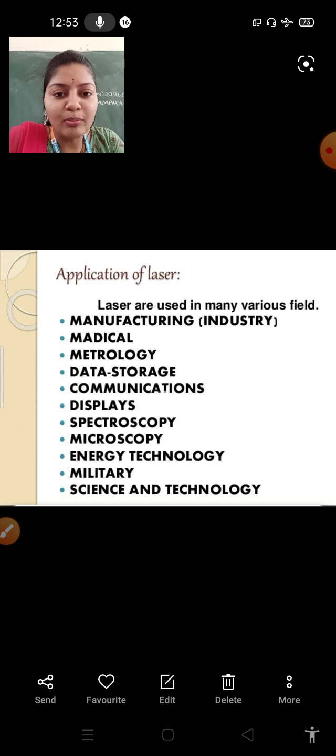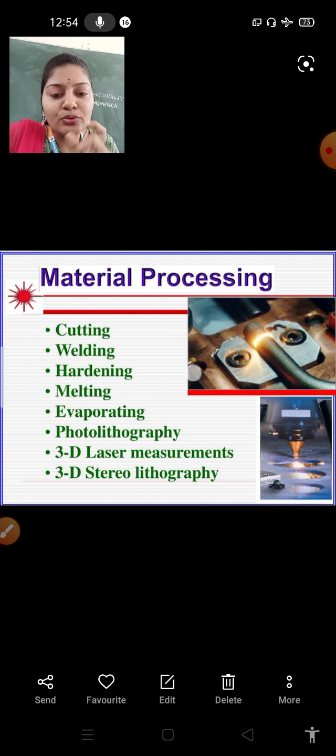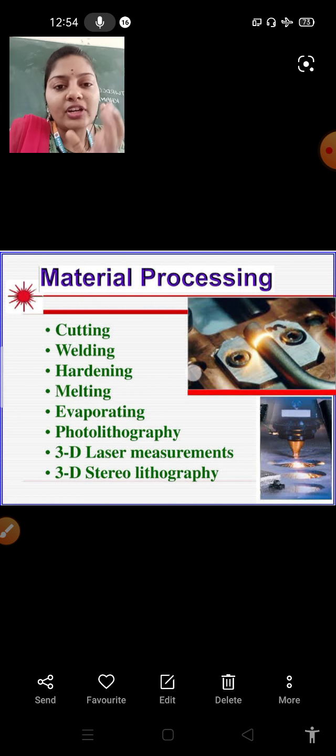First of all, in manufacturing industries, how can we use lasers? In manufacturing industries, we use lasers to process materials. We can use them for cutting, welding, drilling, hardening and melting. Lasers are used to cut very hard materials, and for welding and hardening materials.